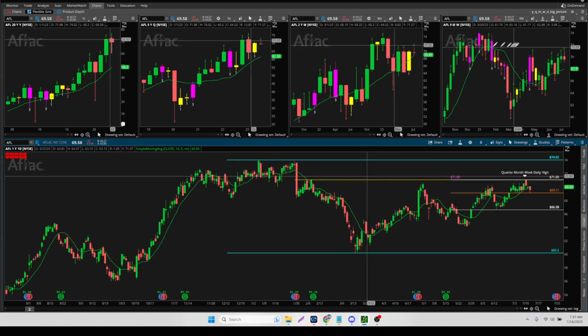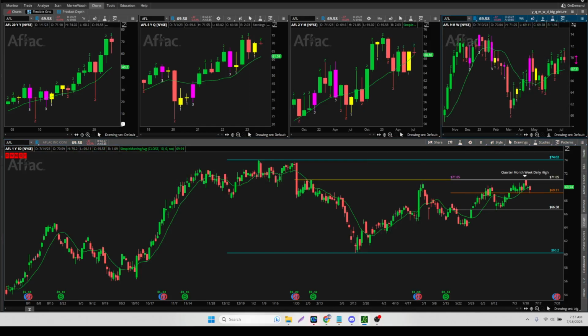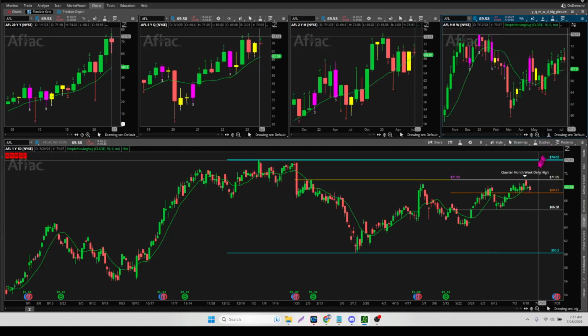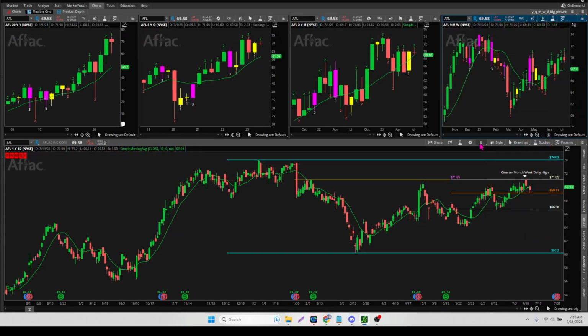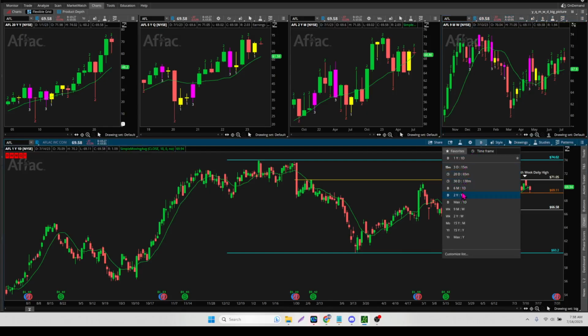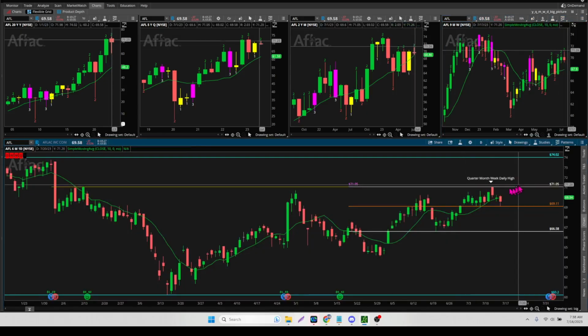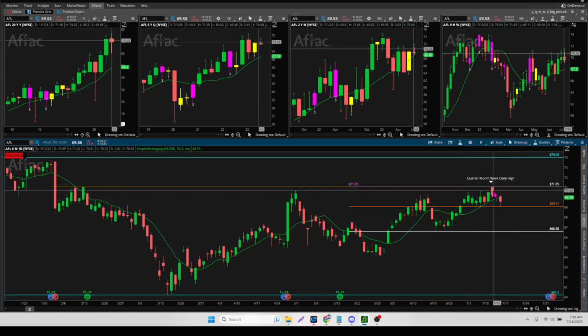So how does that play with the smaller time frames like the weekly or the daily? Well, you can see here that we also now have a shooter for the week. And for the daily, if I drill down into this on a 6 month, you can see this a little bit better.